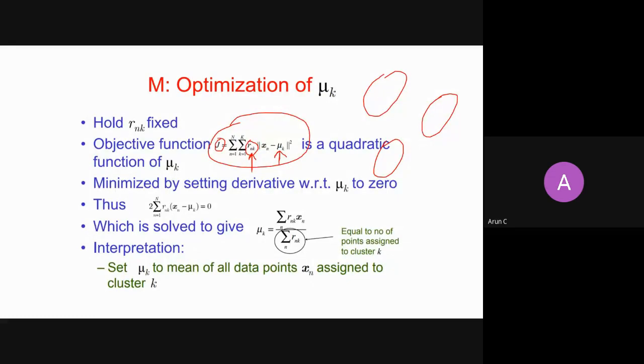So if you take the derivative with respect to mu k and put it equal to 0, you get this form. We have discussed that. We said that if you minimize over mu k, you will get this kind of formulation, which says that you just add all the points that belong to a particular cluster, only that particular cluster.